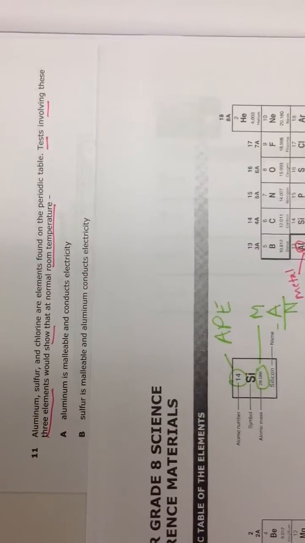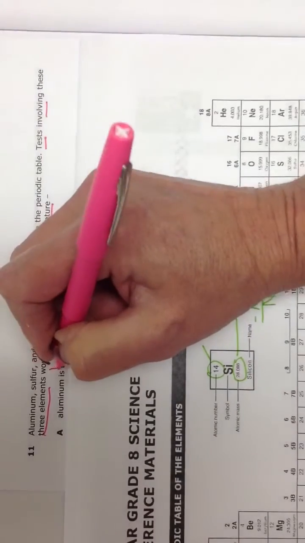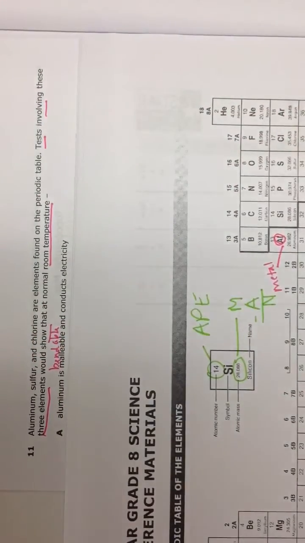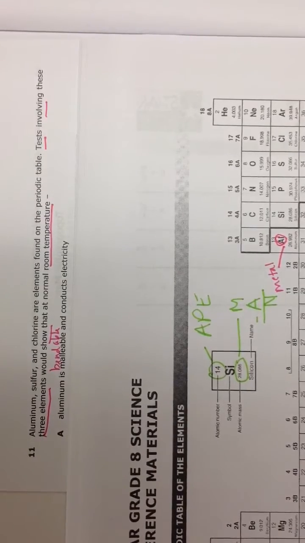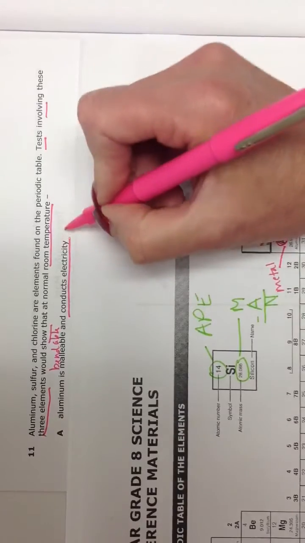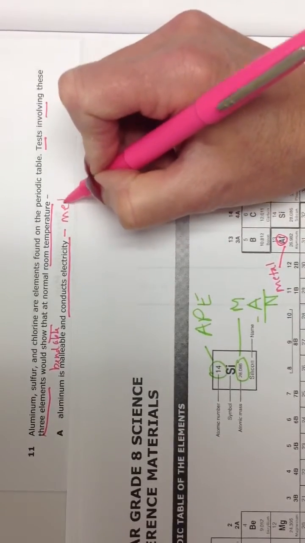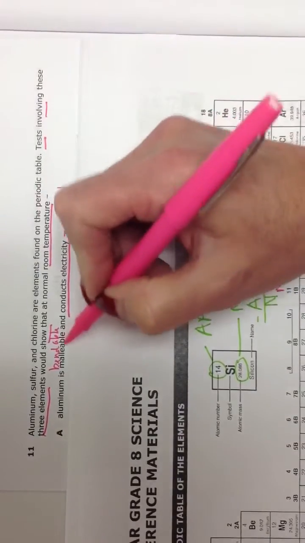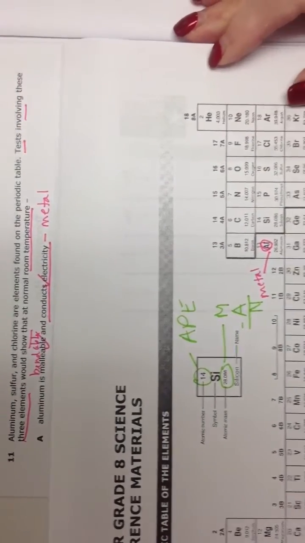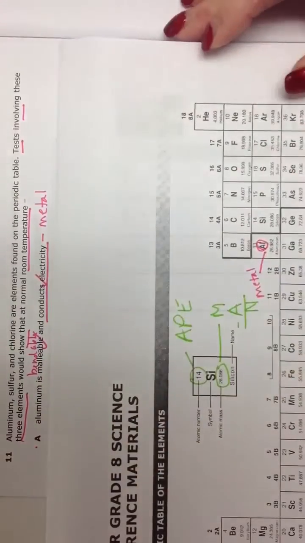It says it's malleable. Well, malleable means bendable. Can you take aluminum foil and bend it? Sure you can. Does it conduct electricity? Well, it does. It's a metal, so it is both malleable and it conducts electrical energy. All right, let's check out the rest. So this is a possibly good answer.